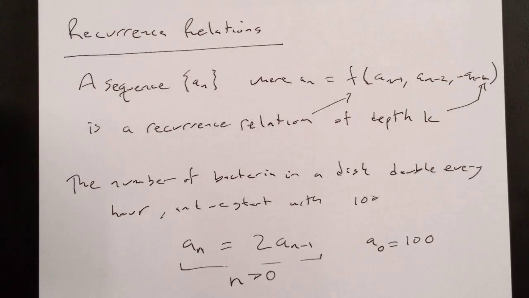Now, my eventual goal is to take what is currently a recurrence definition, a recursive definition, and turn it into a non-recurrent solution. It would be nice if I could tell you how many bacteria there will be after 312 hours without having to go from 0 all the way up to 312, right?